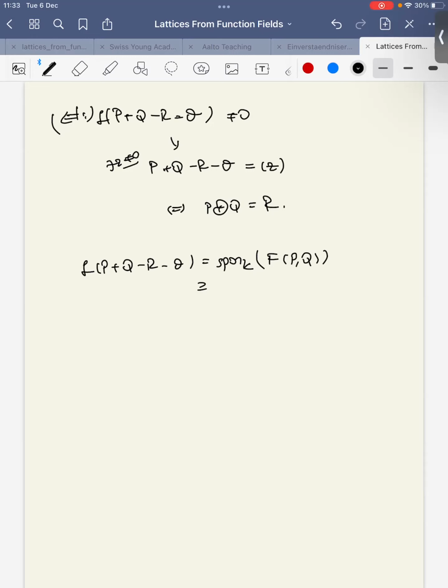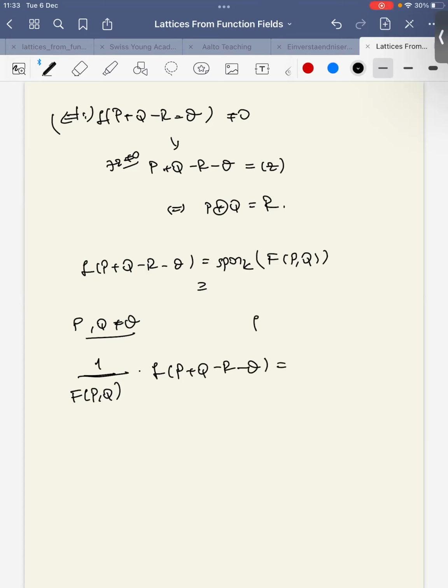For the other way around, first let me suppose that P and Q are different from identity. And let me consider this function times the Riemann space of P plus Q minus R minus O.